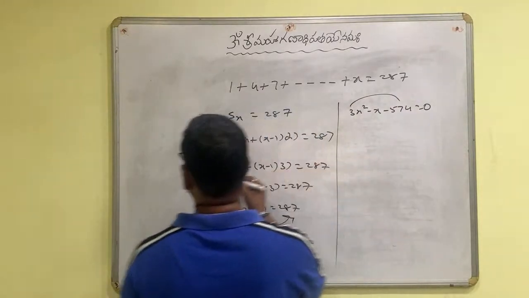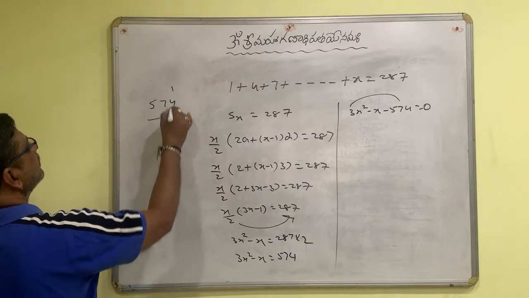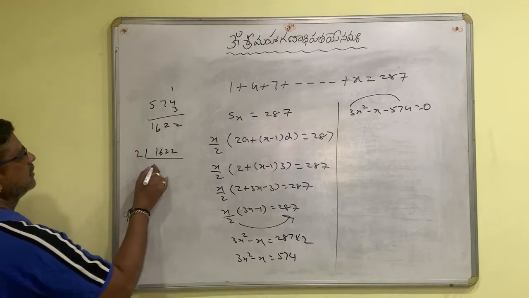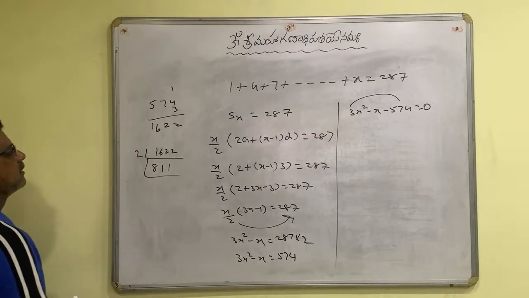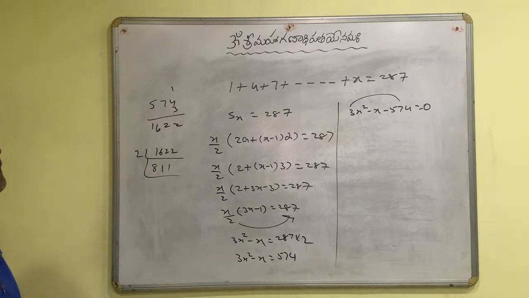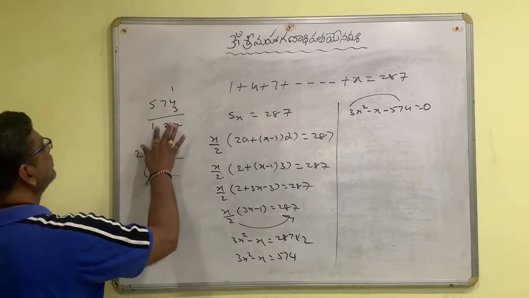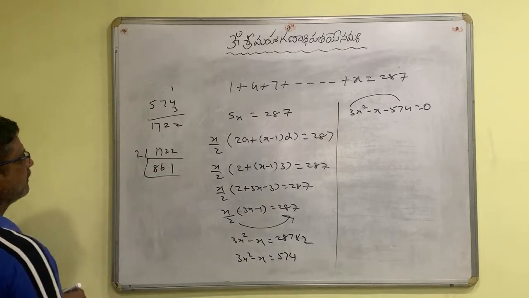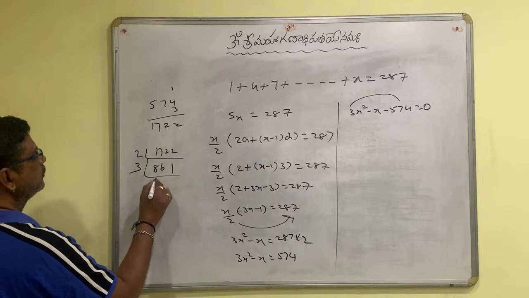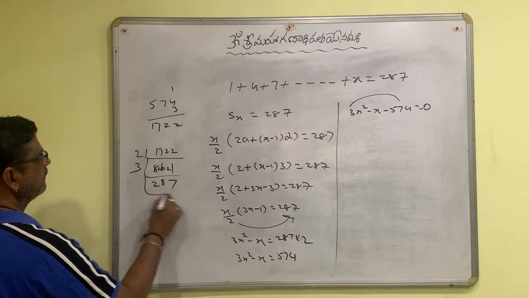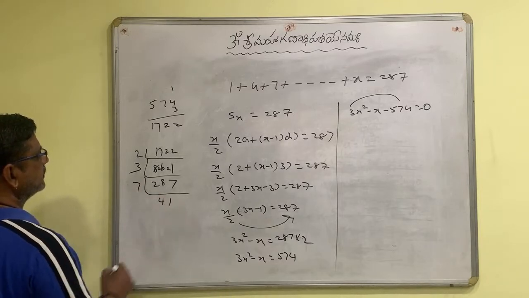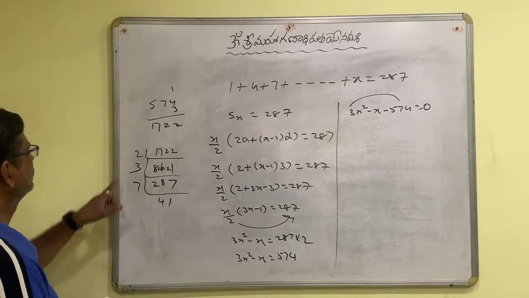First multiply 3 into 574. 574 into 3 is 1722. Take the LCM. 42 into 41 is 1722. Okay, so 42.